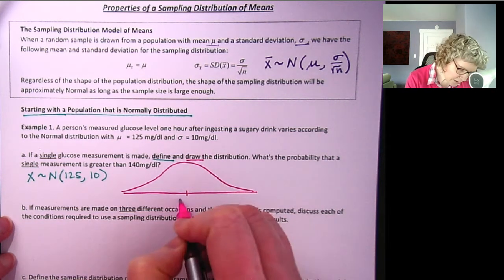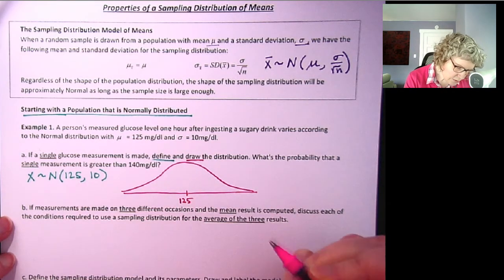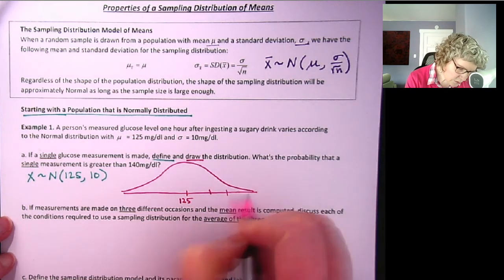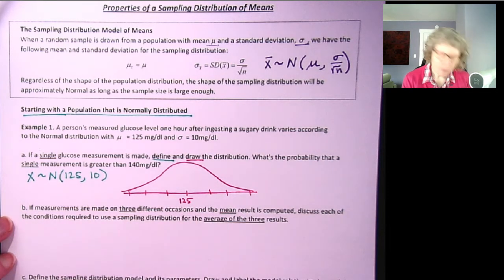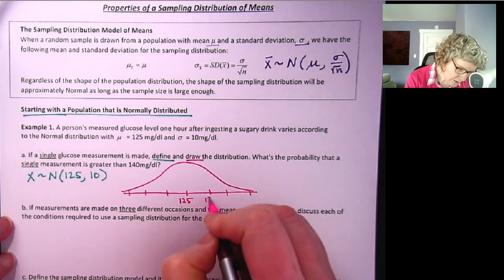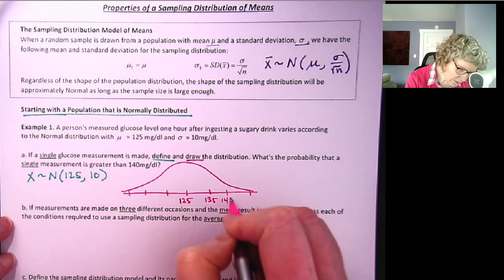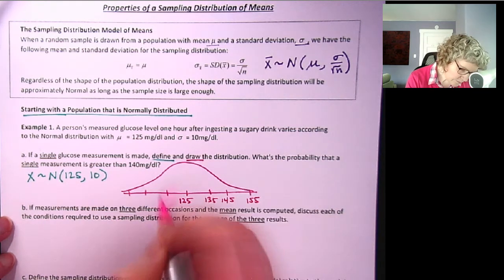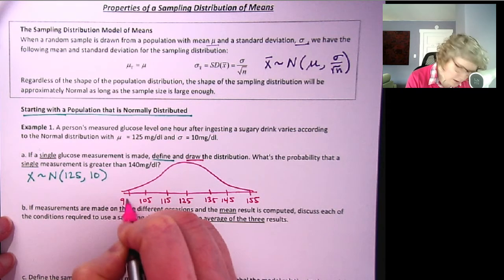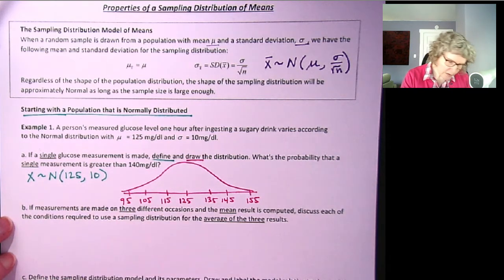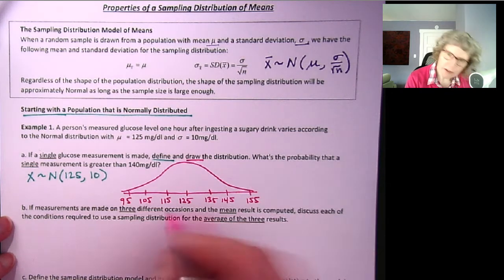So I'm going to put the mean in the middle, 125, and go 1, 2, 3, 1, 2, 3, and this goes by tens, which is nice. 135, 145, 155, 115, 105, 95. Okay, I'm going to label over here since I don't have enough space.